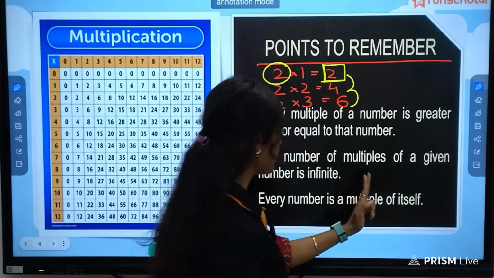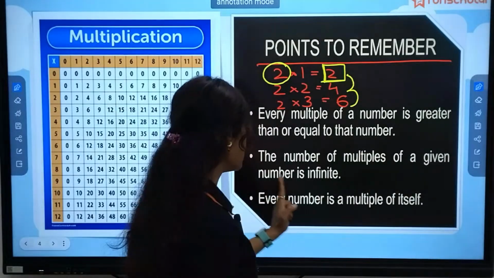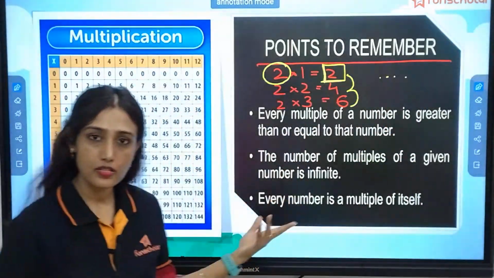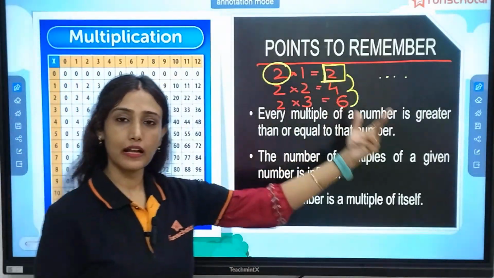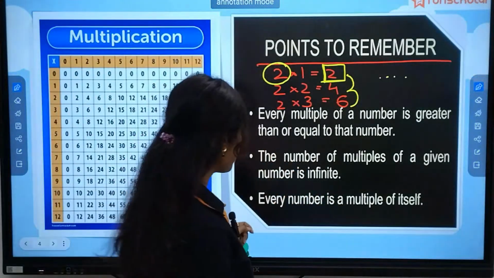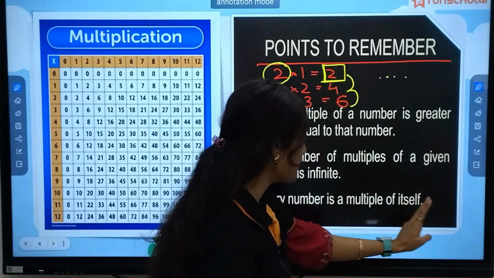The number of multiples of a number is infinite. I'm just doing dot dot dot. Why? Because up to how much you will count is infinite. It has no limit. Okay? Every number is a multiple of itself.